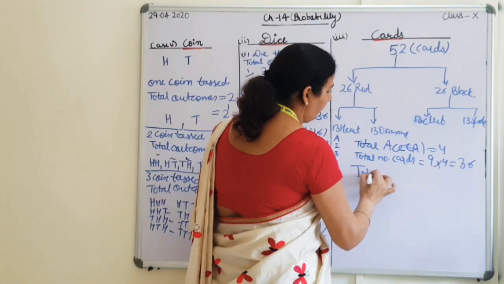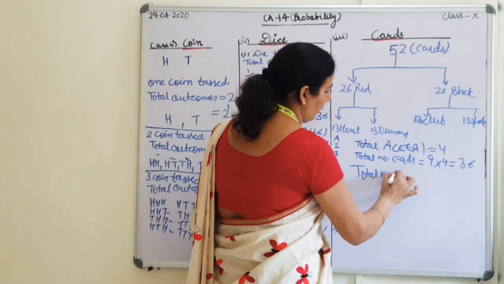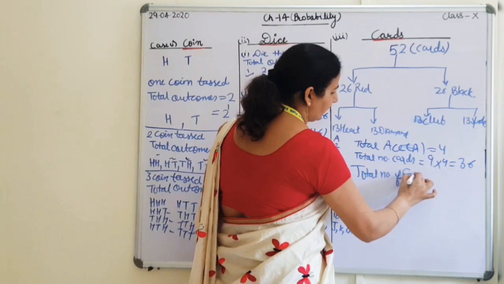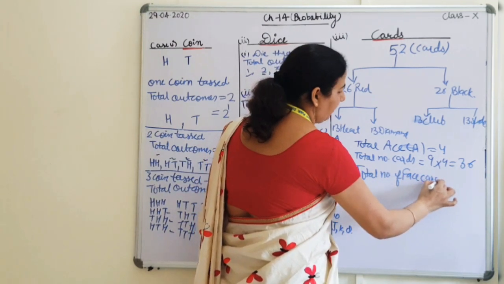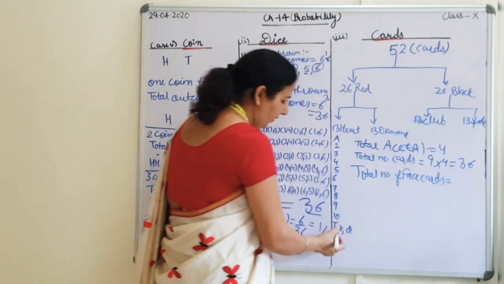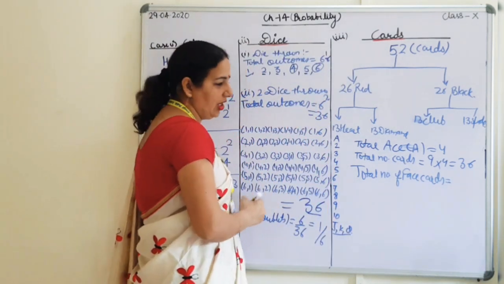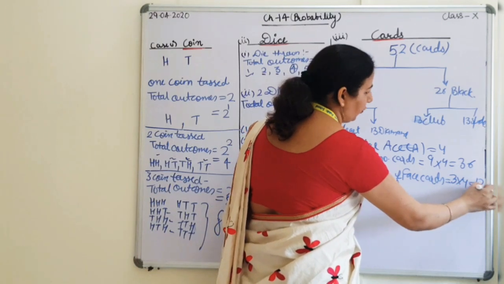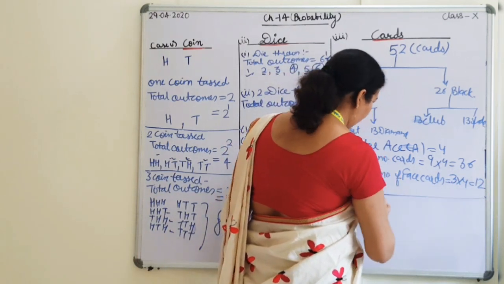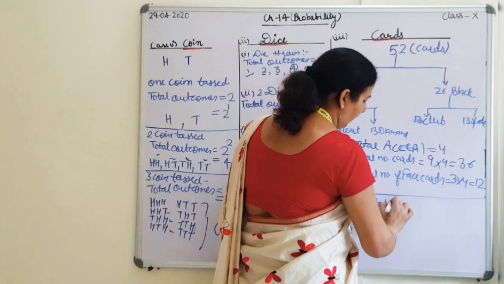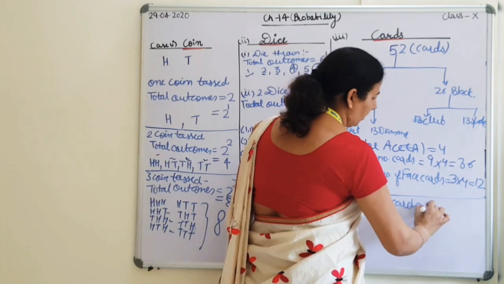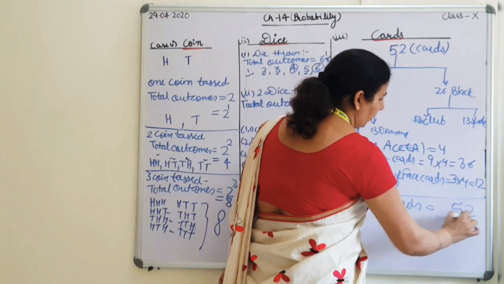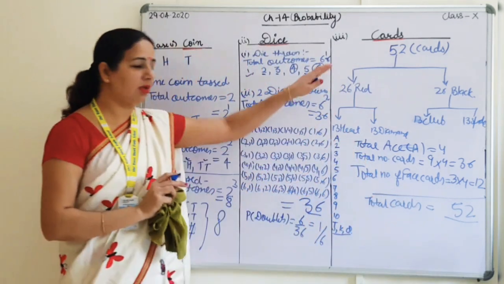Now total number of face cards: we have 3 face cards in one shape, and the total number of shapes is 4, so the total is 12. When you add them, total cards will be 52. So this is all about the cards.